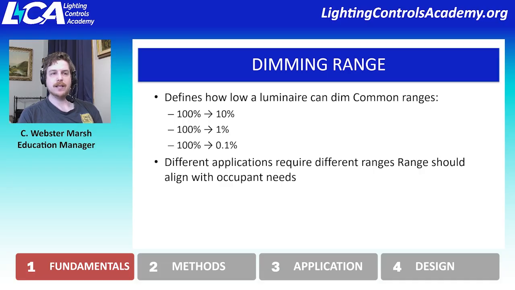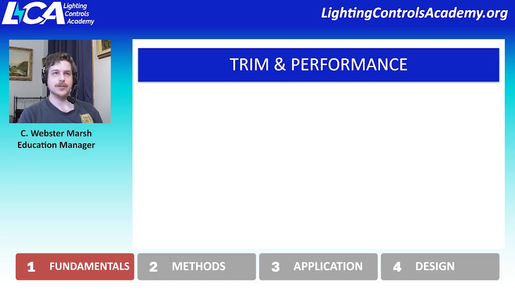Range should really align with the occupant needs rather than just being flat across the board, doing 10% or 0.1%. 0.1% typically comes with a higher price tag, and so as a result, you really want to make sure that you're applying the right percentage range to the right space needs and application.